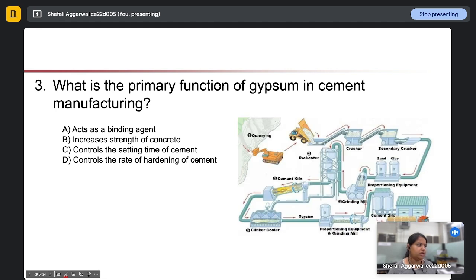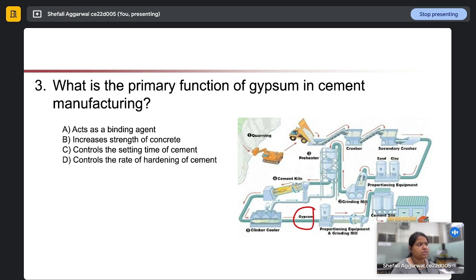In normal cement manufacturing, we collect the lime from the lime quarry, crush it, and then add sand and clay in proportion, grind it again, reheat it, and keep it in the cement kiln. Then we produce clinker, which is cooled down, and after cooling, we add gypsum to it and grind it again. So before final grinding, we add gypsum to it.